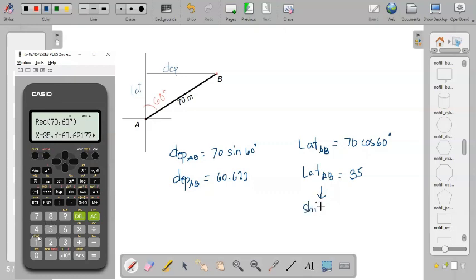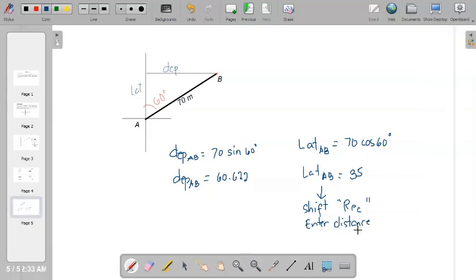So again: shift, and then look for the rect. Shift, rect, and then enter your distance, comma, and then the angle.